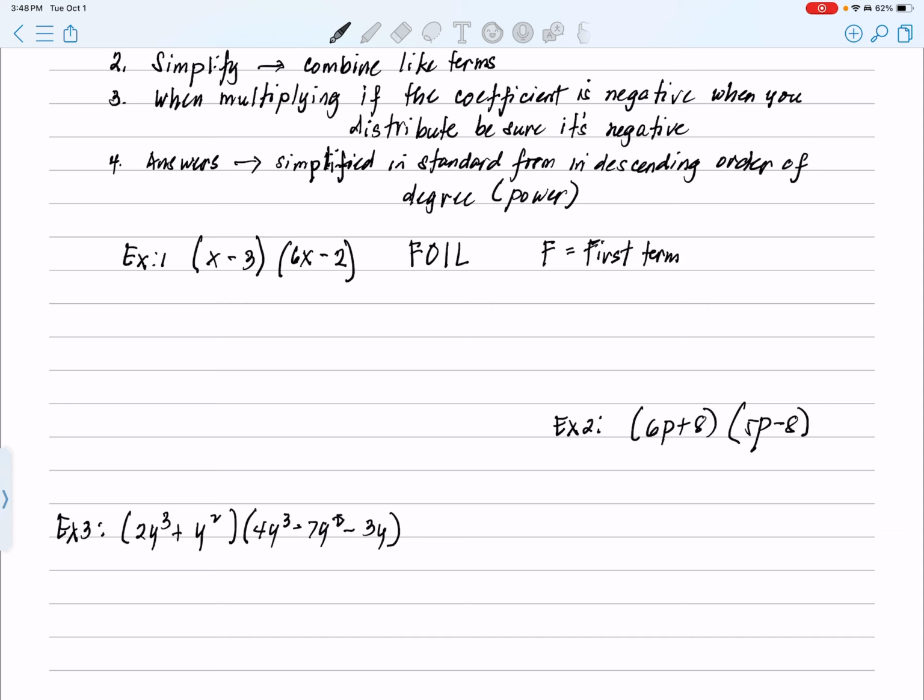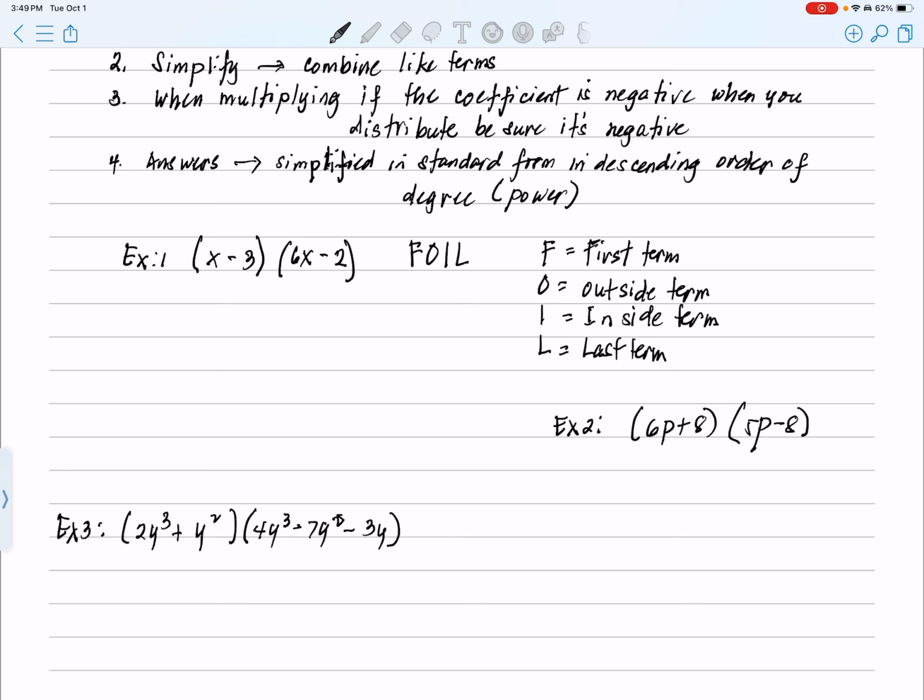O is for the outside term. I is for the inside term. And L is for the last term. I hope you have remembered this.